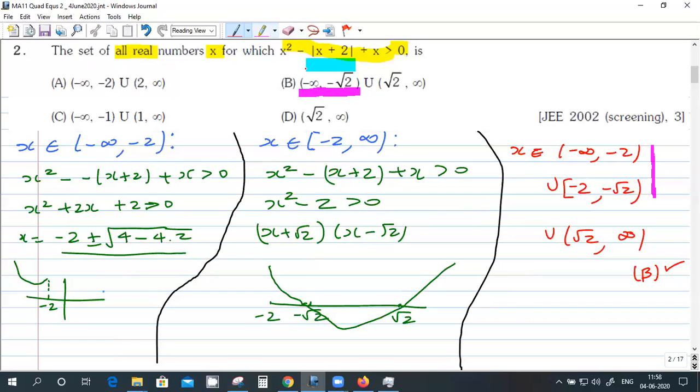Yes, sir. The mod x plus 2 will behave differently for x less than minus 2 and x greater than minus 2, right? So we have to split the problem into two parts.